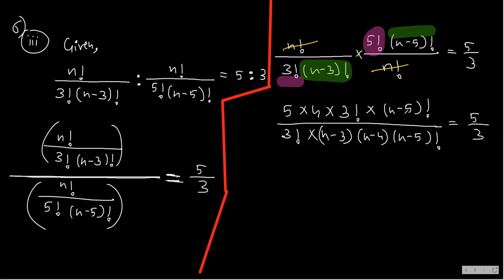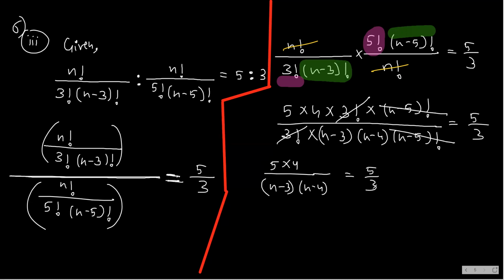Now n minus 5 factorial cancels, and also 3 factorial cancels. So what you have now is 5 into 4 upon n minus 3 into n minus 4, equals to 5 upon 3.